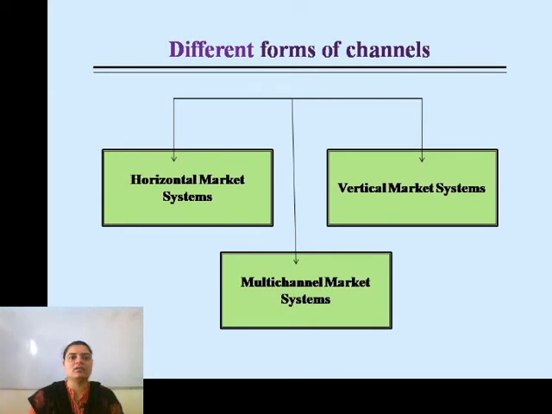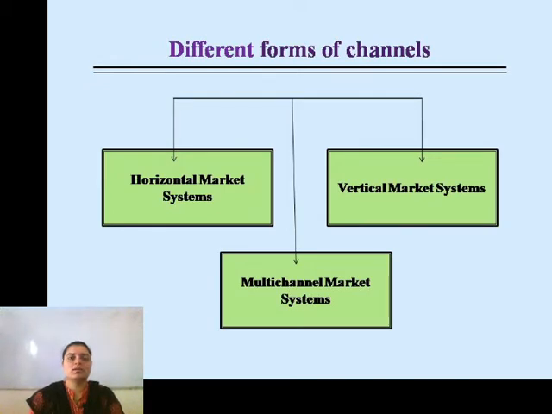Under horizontal integration, a firm gains economies of scale and efficiencies in purchasing, advertising, marketing research, and specialized personnel. Along with this, a firm is also involved in large scale planning, can do additional marketing research, and flexibility and coordination can be gained with the help of the horizontal market system.